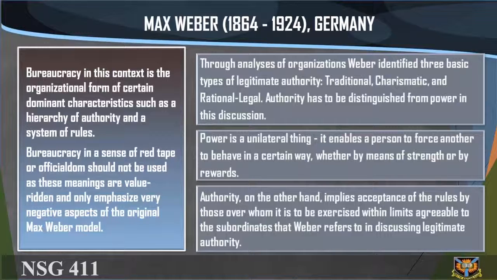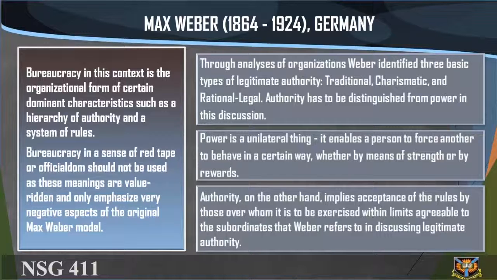Through analysis of organizations, Weber identified three basic types of legitimate authority: traditional, charismatic, and rational legal. Authority has to be distinguished from power in this discussion. Power is a unilateral thing.